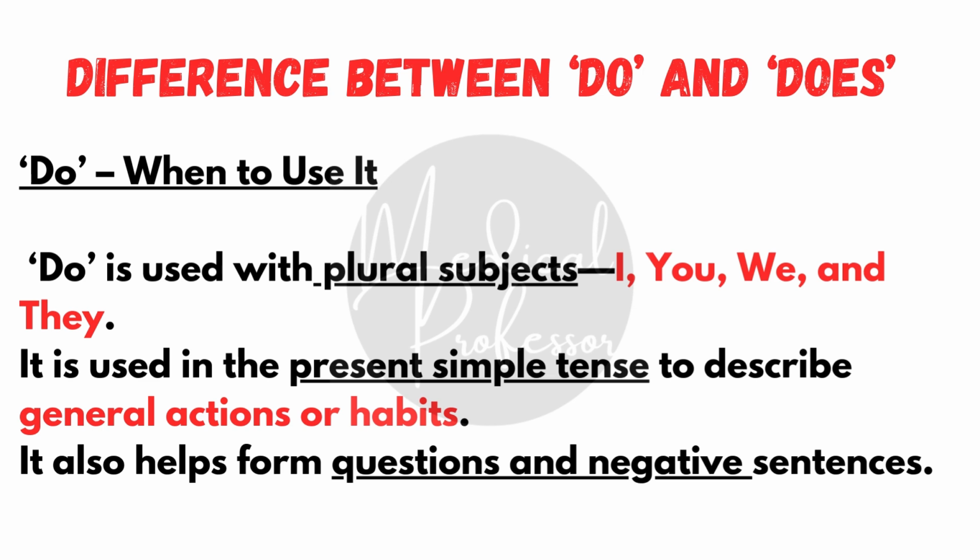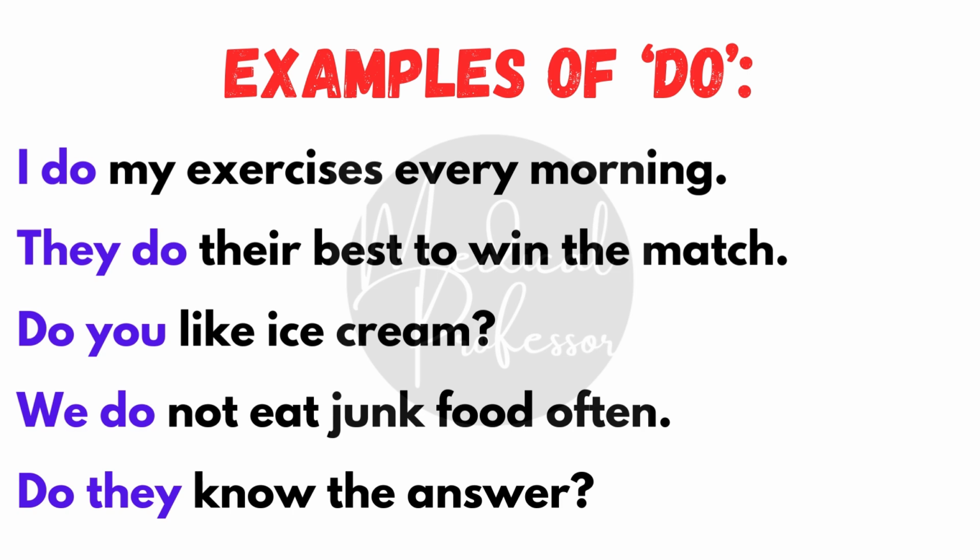It also helps form questions and negative sentences. Examples of do. I do my exercises every morning. They do their best to win the match. Do you like ice cream? We do not eat junk food often. Do they know the answer?